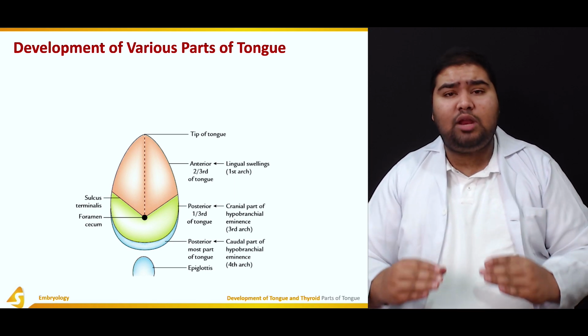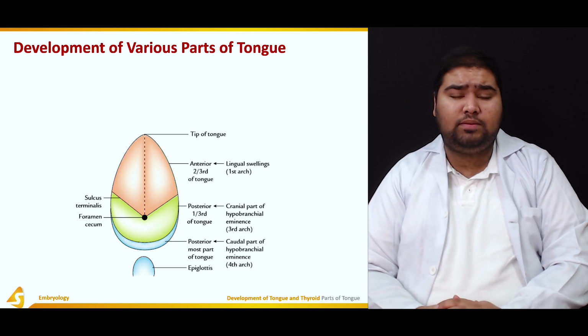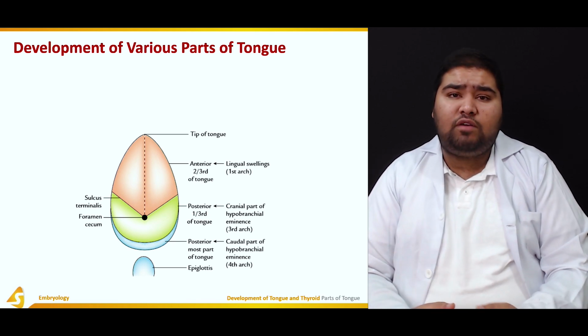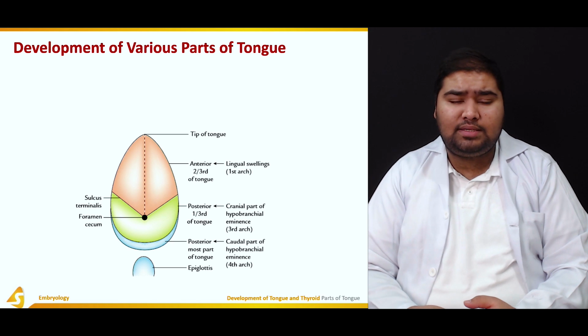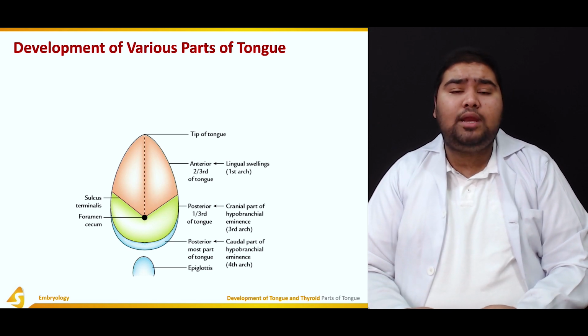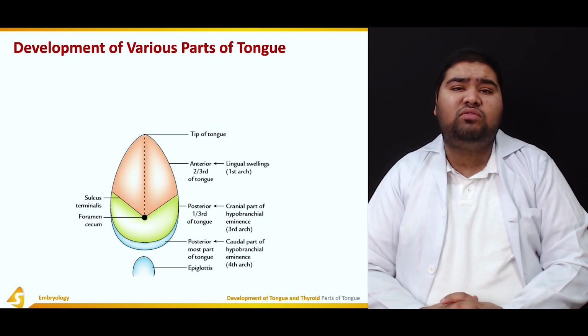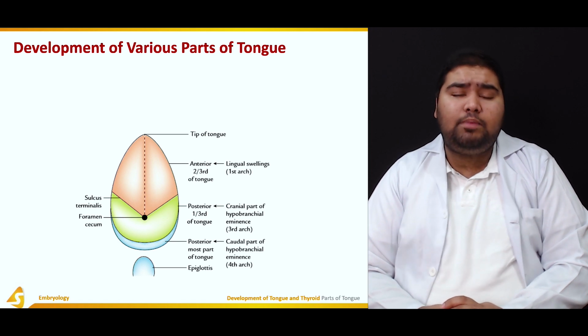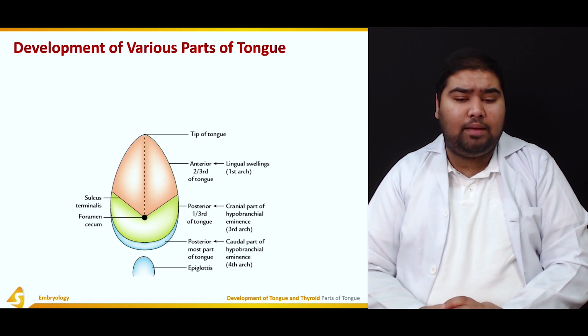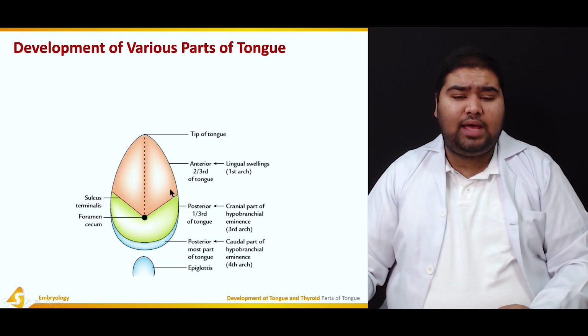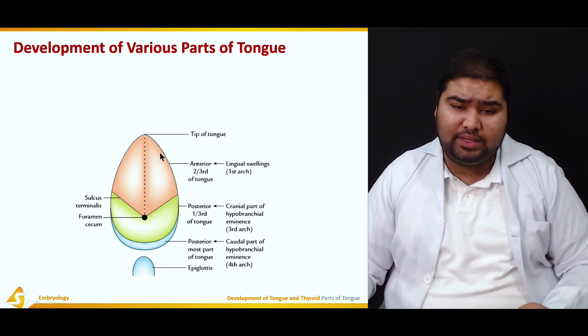The posterior 1/3 of the tongue is formed by the cranial part of the hypobranchial eminence, and finally the posterior most part of the tongue is formed by the caudal part of the hypobranchial eminence. So let's look at the figure here and see how that happens.